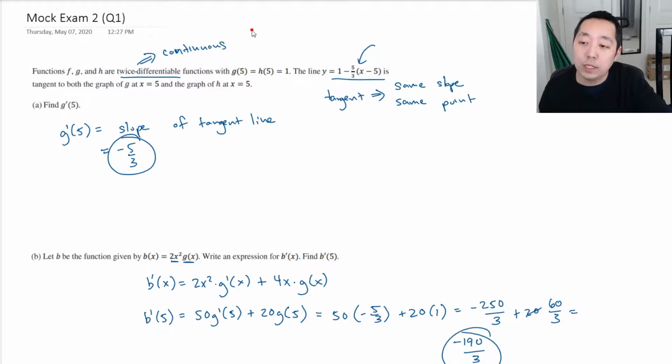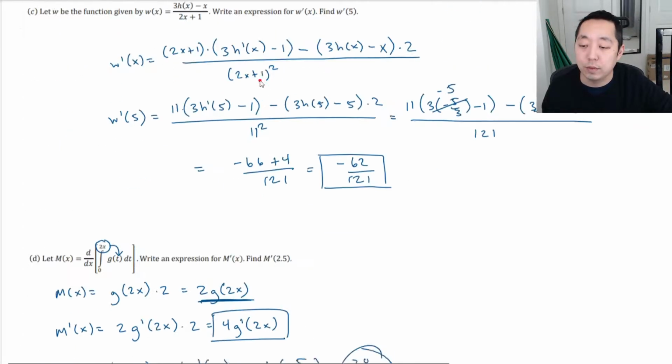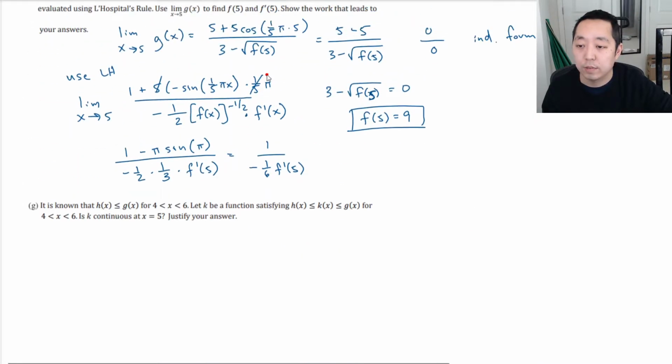And what we know about continuous functions is that this must be true, right? Because for every point, if I approach that limit, it's got to equal the value of that function. That's the definition of continuity. And thus I know that this limit has to be g of 5, which is equal to 1. And that's going to finish out how I can solve this.